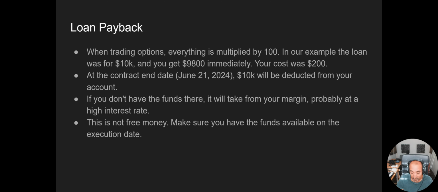If you don't have the funds there, it will take from your margin, probably at a very bad, high interest rate. Just to be clear, this is not free money. You need to make sure you have the funds available on the execution date. You're getting a loan. You have to pay it back.